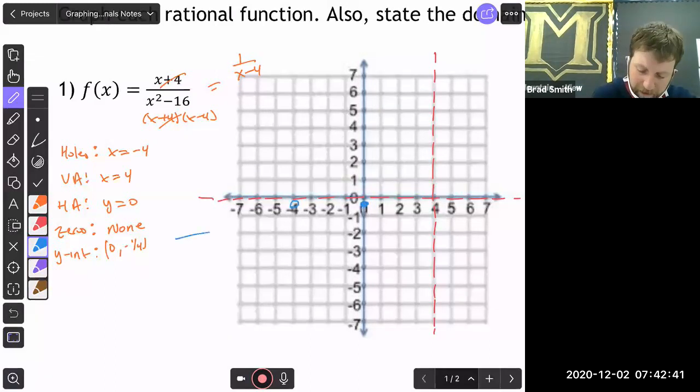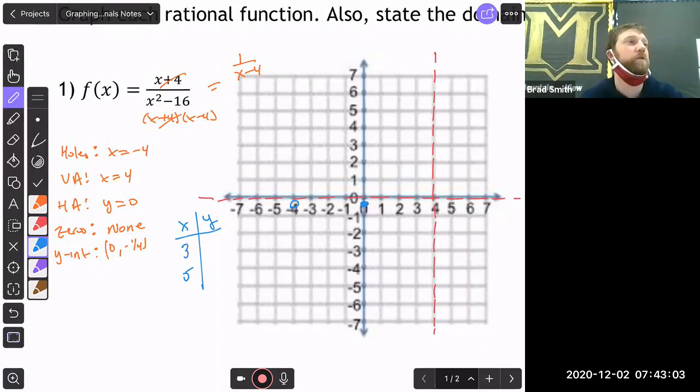So lastly, all I want to do is kind of get a chart, depends on how many points you want to do. 1 or 2 is fine. I at least like to do 1 to the left and 1 to the right of your vertical asymptote. So 4 was my vertical asymptote, so that's why I chose 3 and 5.